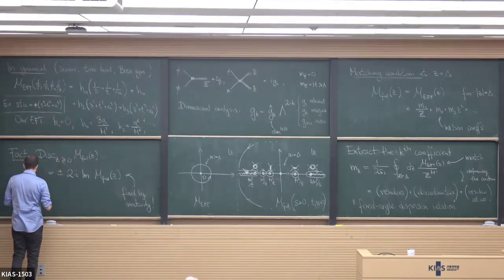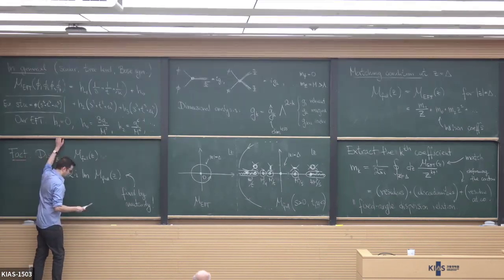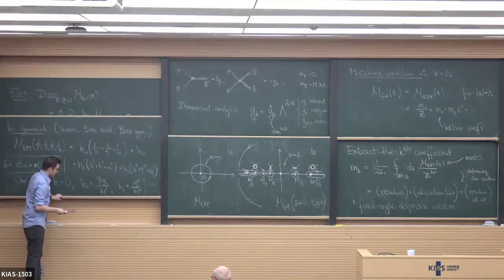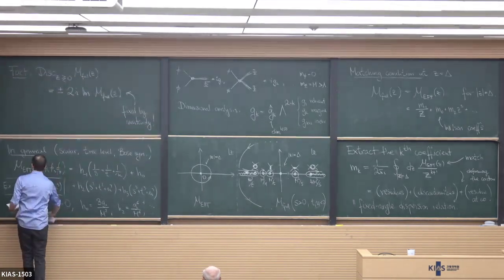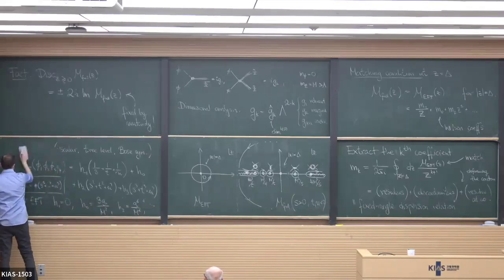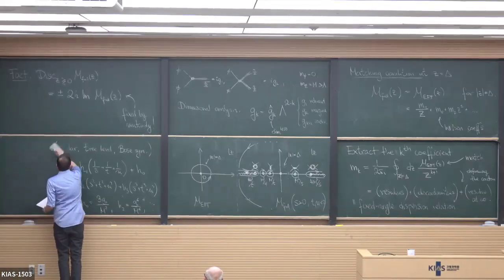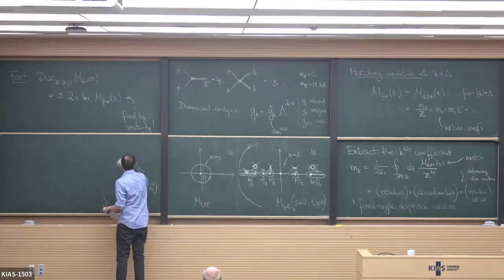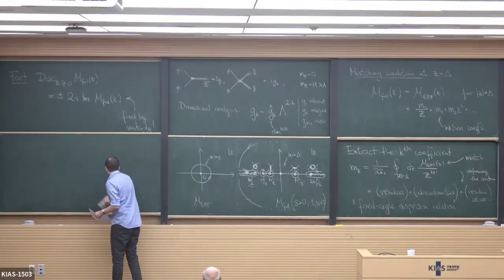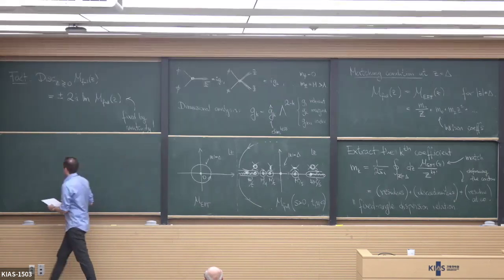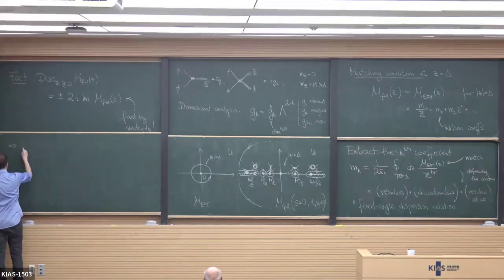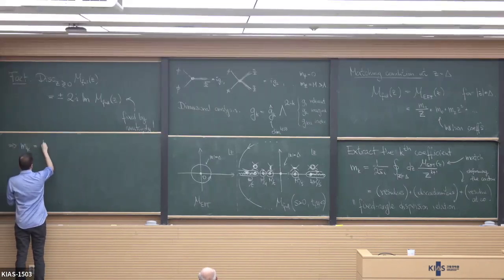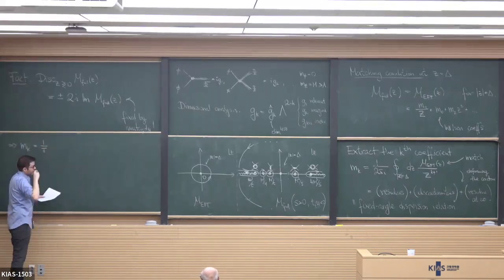Okay, so let me write a concise form of the dispersion relations. Then I'm going to do some examples, and then I'm going to move to positivity. The concise version of the dispersion relations is that M_k can be written as 1 over pi.